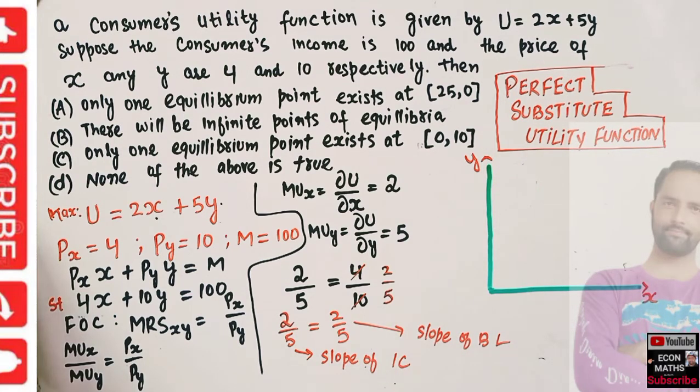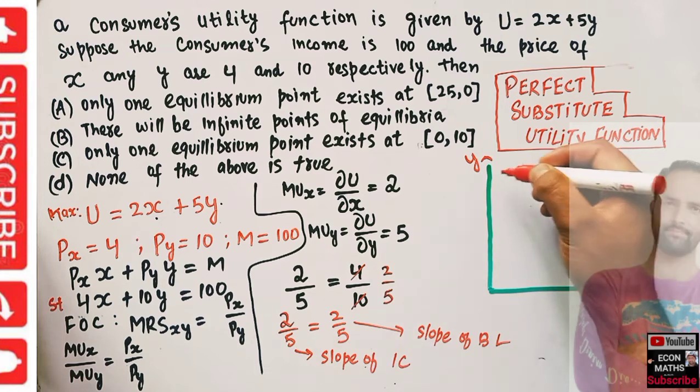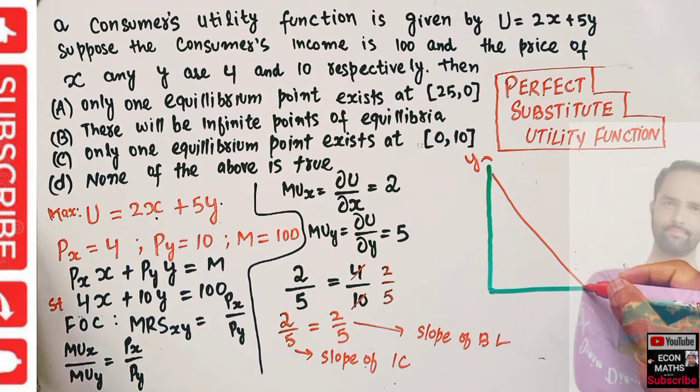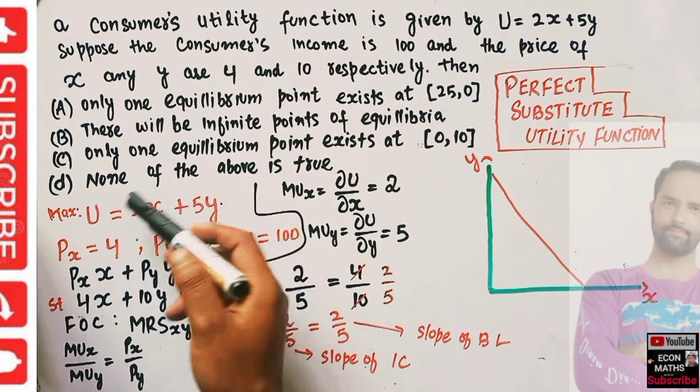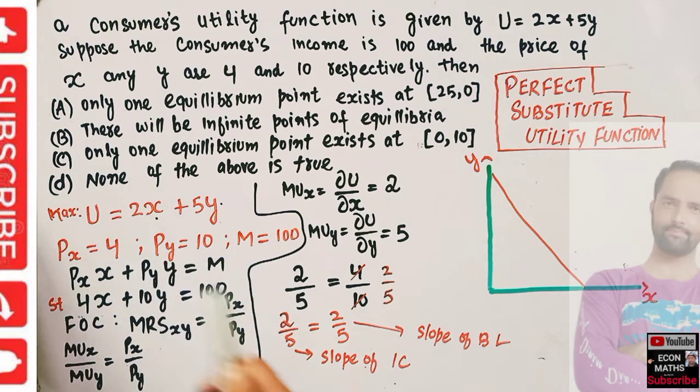So that simply means, if this is our budget line, when the slope of the budget line and the slope of the indifference curve are the same, what exactly is our indifference curve? It is also a straight line, because it is a perfect substitute utility function.